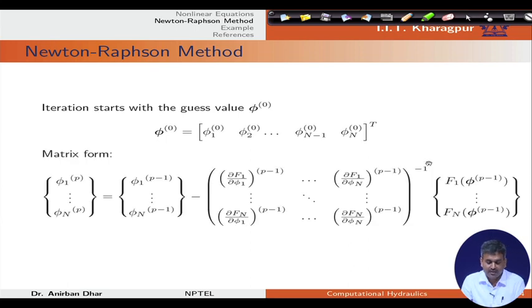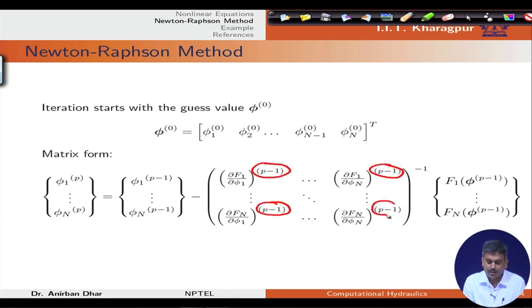Now, in matrix form essentially we are doing this, and this part is calculated at the present information level. Present information level means that whatever value is available, we are calculating these derivatives or these function values with that information.